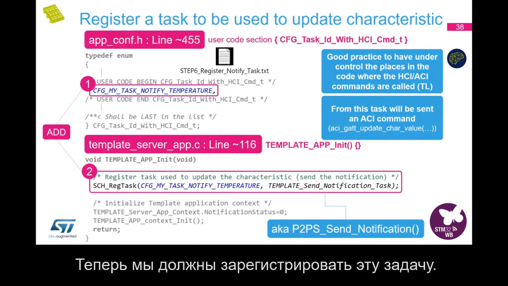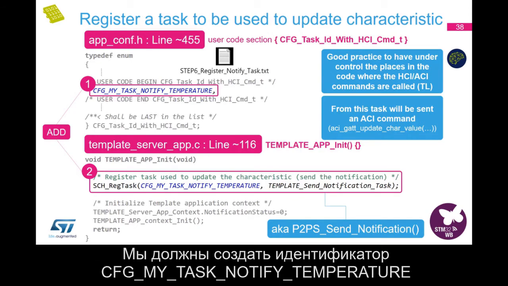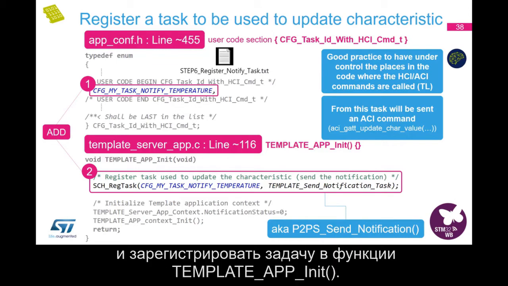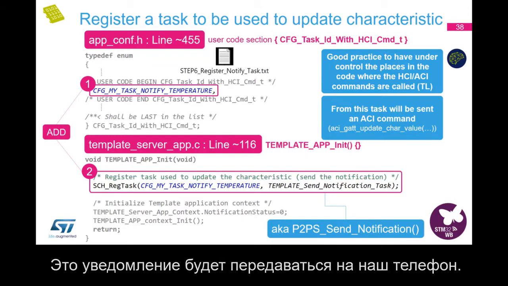Now we need to register this task. We've got to register a notify temperature task, and we have to create it. So we've got to do our task ID, and then in our template app initialization, we have to register the task so that the notification will get sent through to our mobile phone.